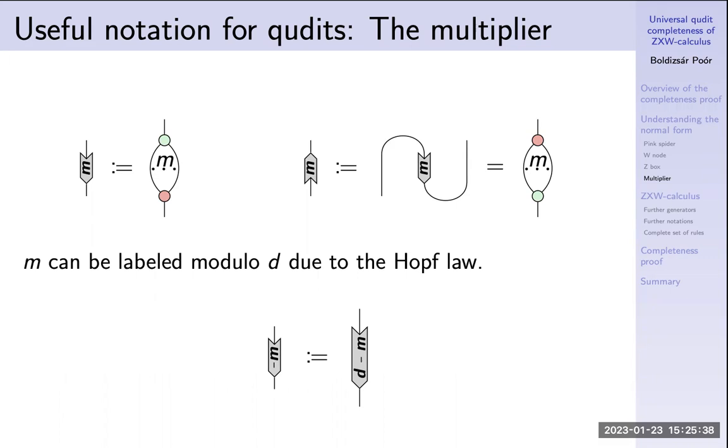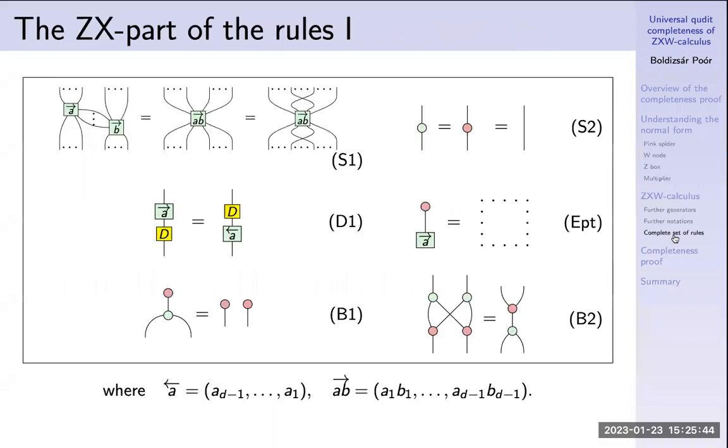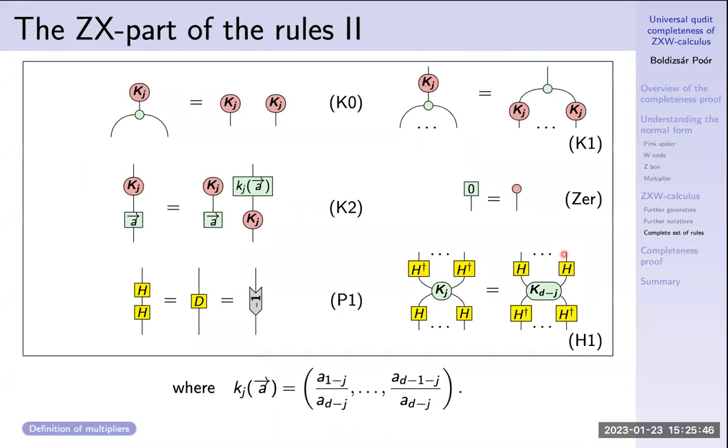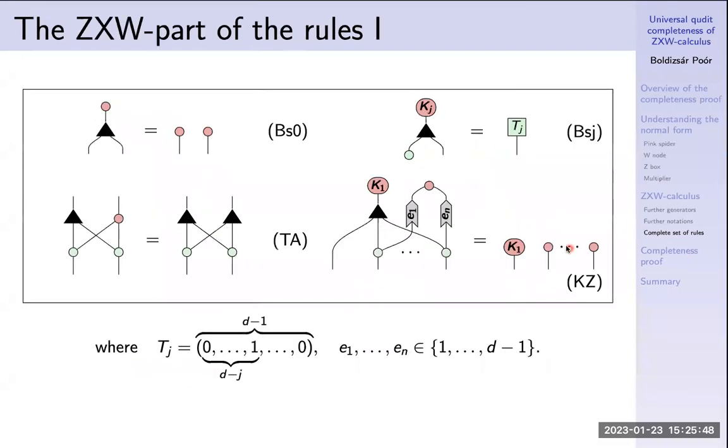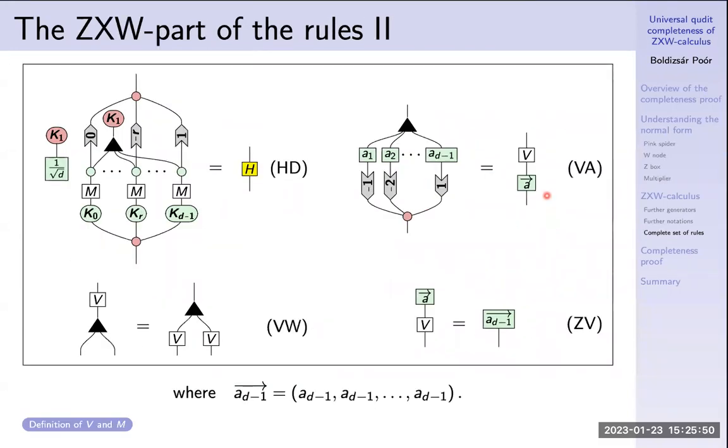But some of your more complicated axioms that you needed, can those be derived in the prime case? Like these ones involving the V and M matrices, for instance. Can any of these rules be derived if you have prime dimension, so that you don't have to assume them as axioms?